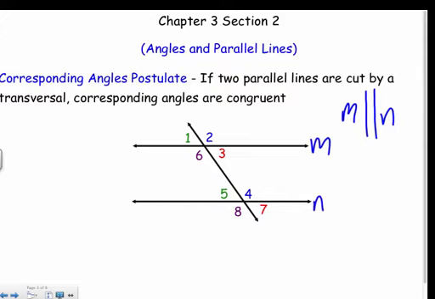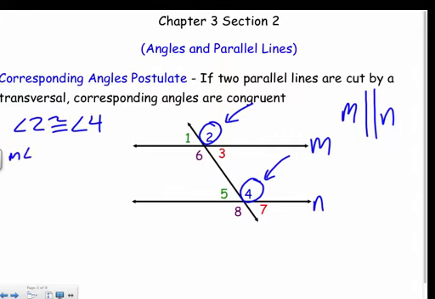If I look at my parallel line M with the transversal, the angle in the top right, angle 2, is congruent to the angle in the top right with N and its transversal. Here's the top right one, 4. They're both the top right angle, so we say they're congruent by the corresponding angles postulate. So angle 2 is congruent to angle 4.